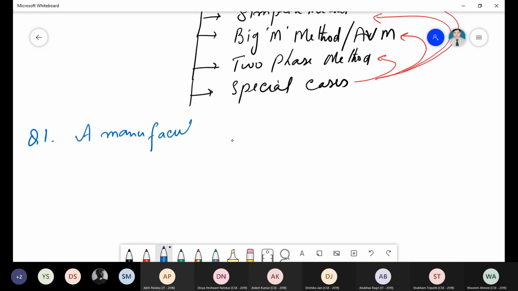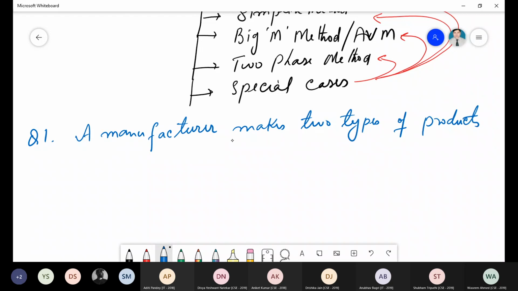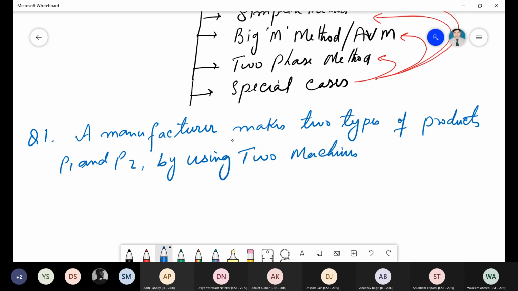A manufacturer makes two types of products, P1 and P2, by using two machines, M1 and M2.